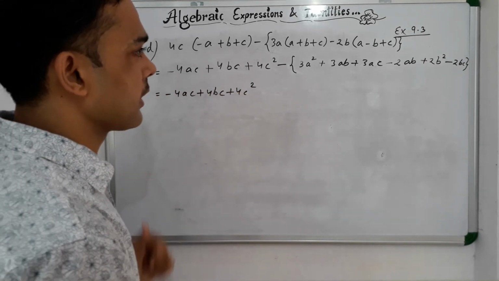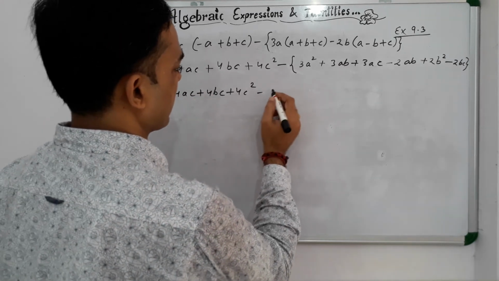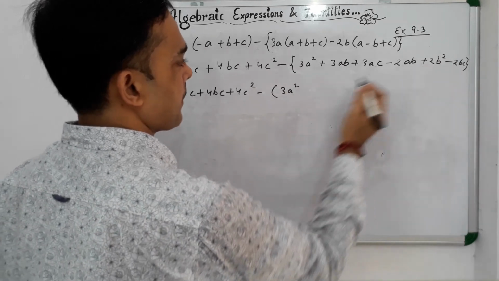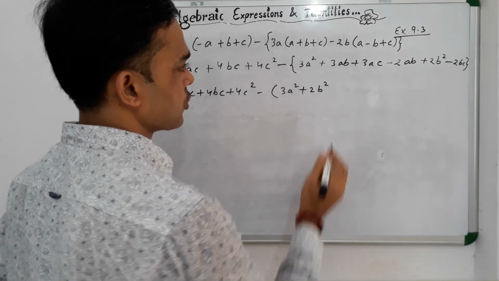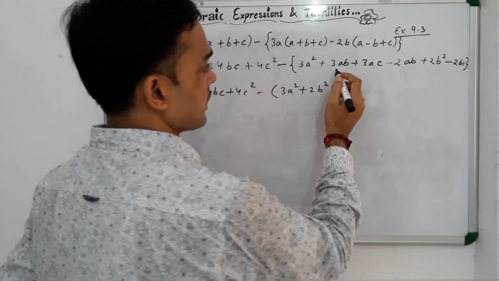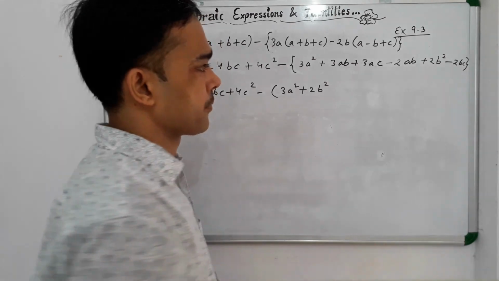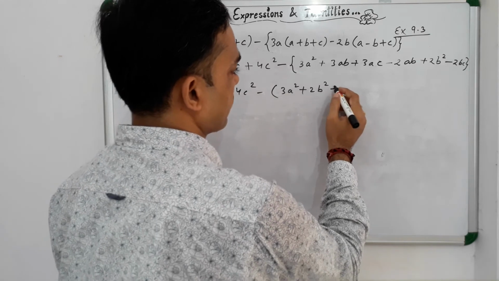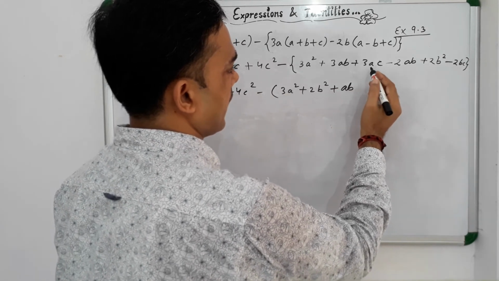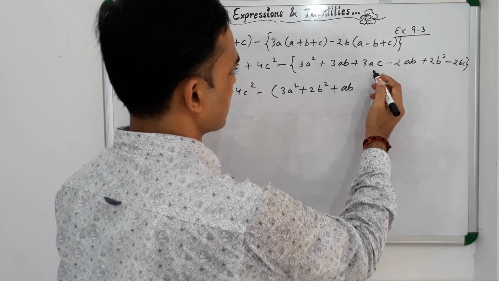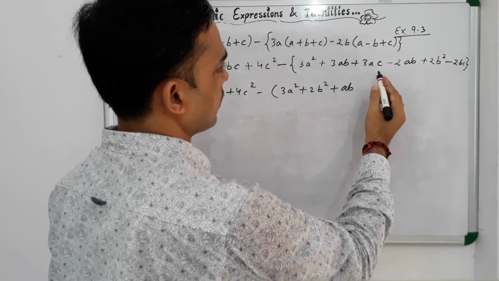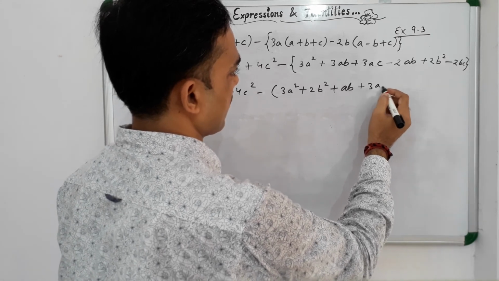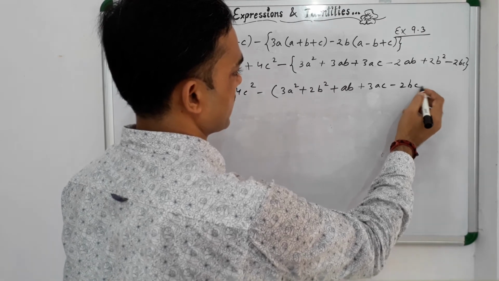Let us see, is something getting reduced over here. 3a square is all alone, so I have written 3a square as it is. Plus 2b square is alone, so I have written plus 2b square as it is. This is 3ab and this is minus 2ab. So 3ab minus 2ab will be giving you 1ab, that will be positive, so it is plus ab, and ac is all alone over here, so plus 3ac and minus 2bc.